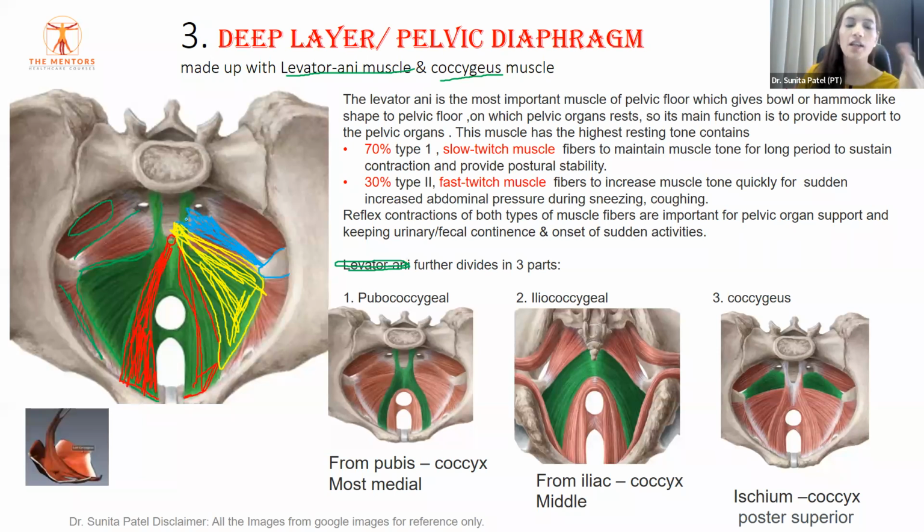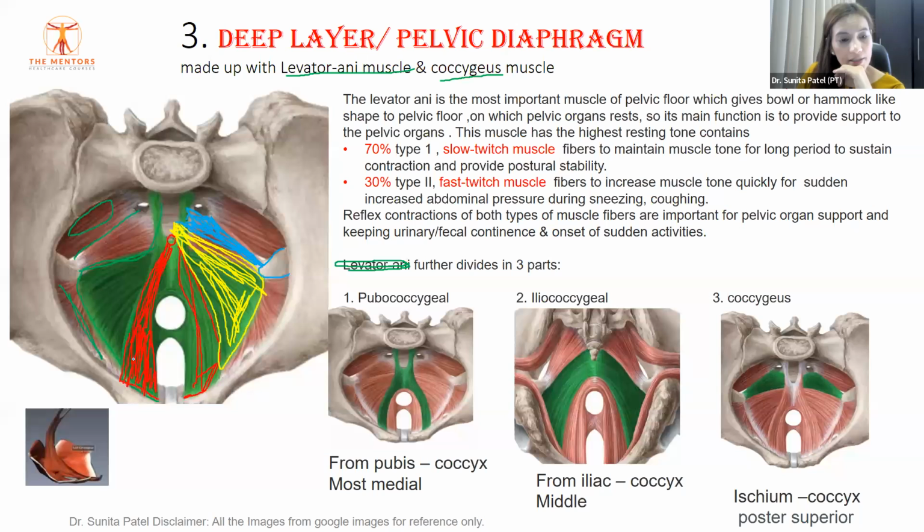So these are the three parts of the deep layer of the pelvic floor: pubococcygeus, iliococcygeus, and ischiocavernosus.